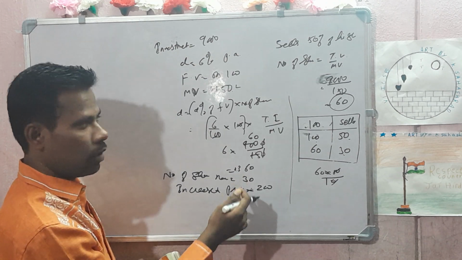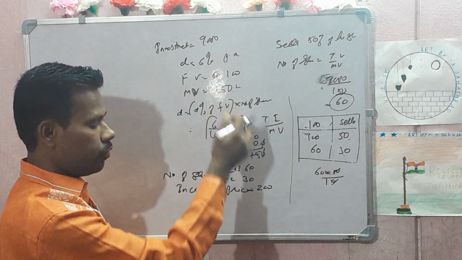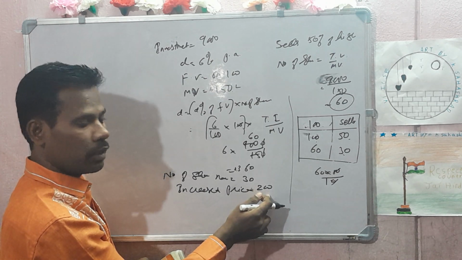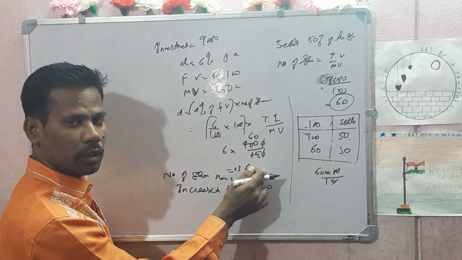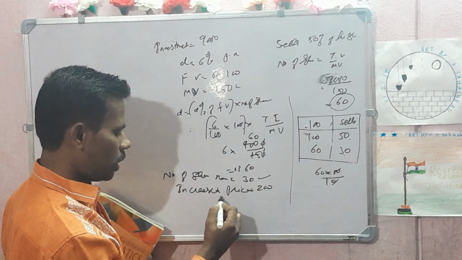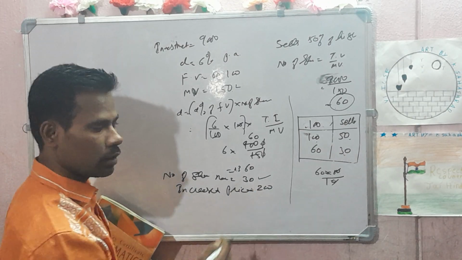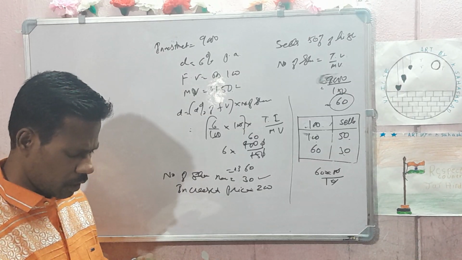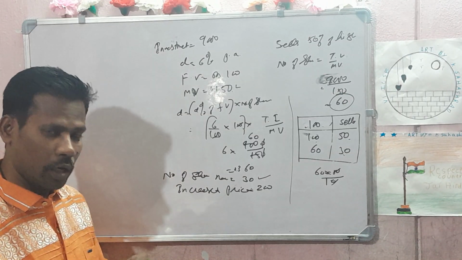Now he is very clever. The price increased to 200. He sells 50% of the shares. So the number of shares is 30. Now the increased price is 200. So he sells 50% of his shares when the price rises to 200.